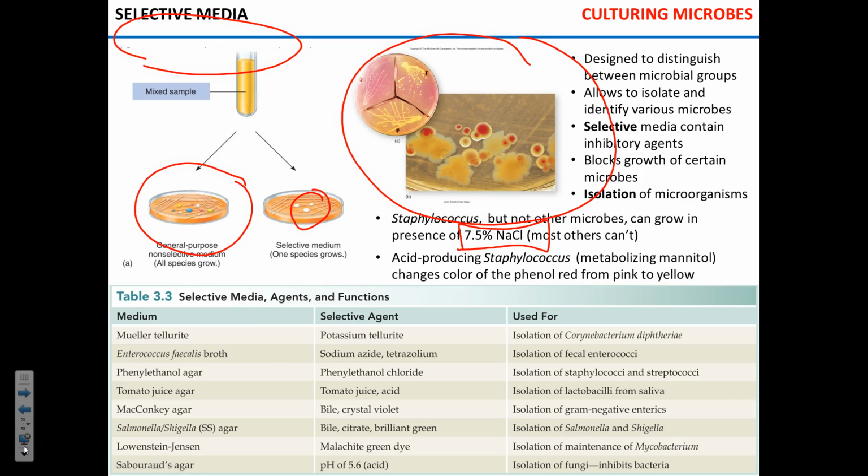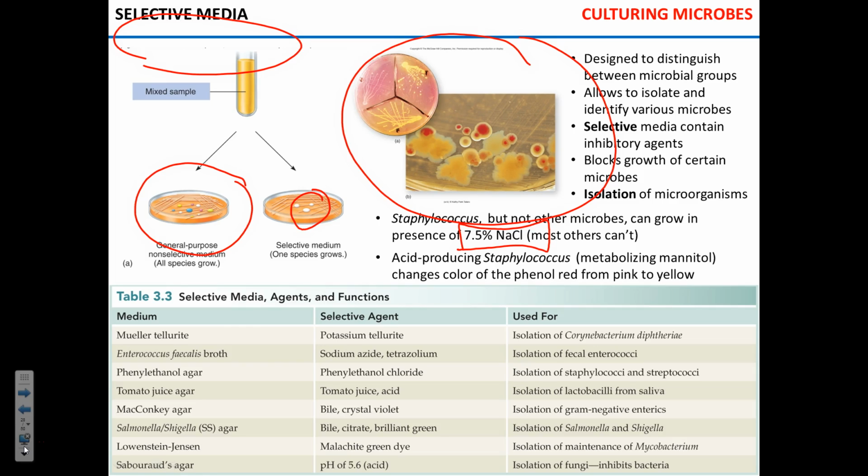Staphylococci can. So it will restrict, and we will see that. We will be able to specifically show that while staph can grow, strep cannot. And a lot of other gram negatives cannot and stuff like that. So it is selective because of the salt.